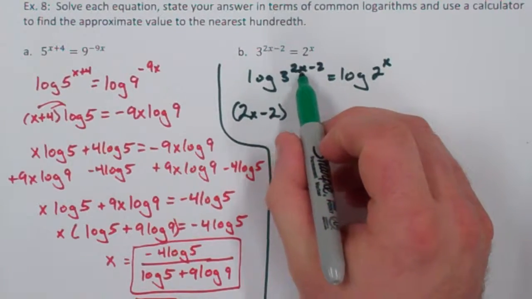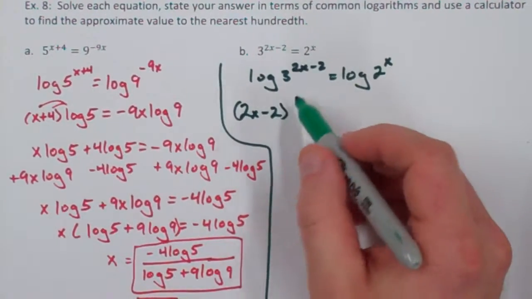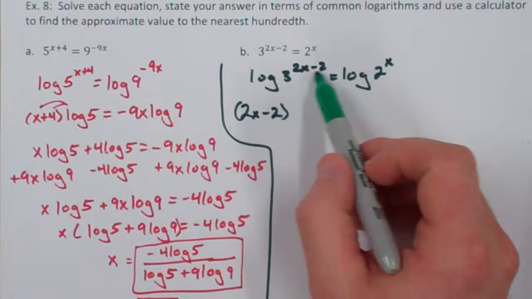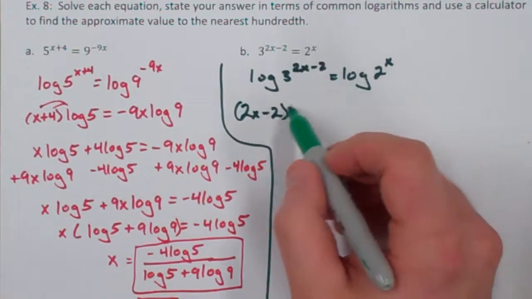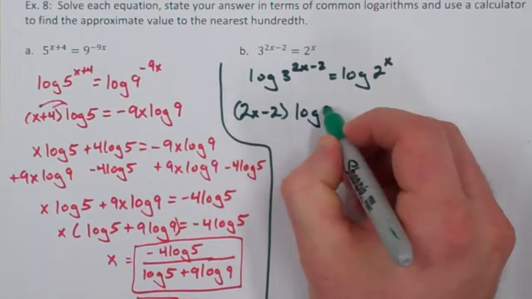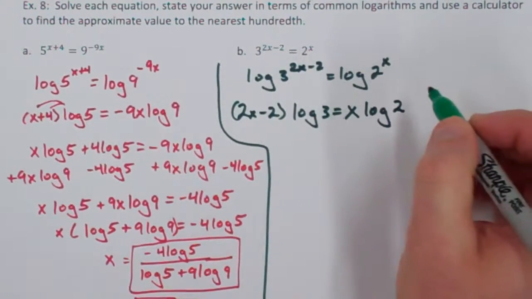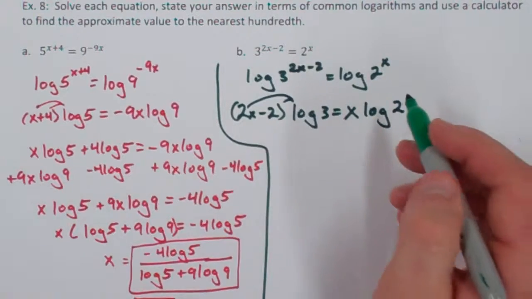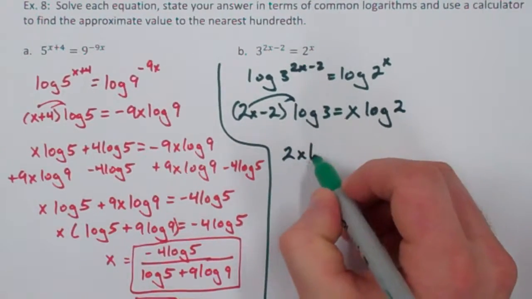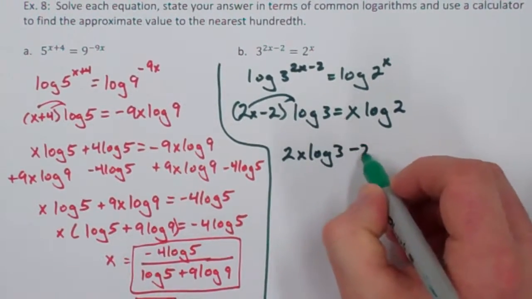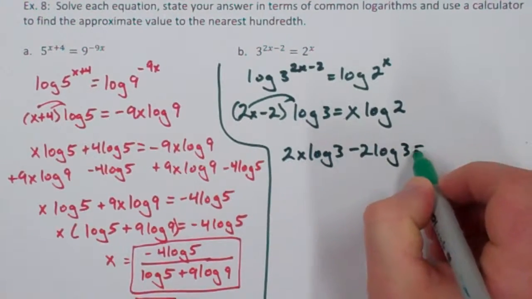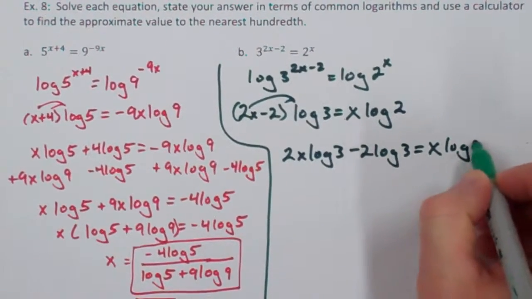Remember to use parentheses when there's more than one term. When there's two or more in here, in the exponent position, use your parentheses. Then we've got log 3, and this exponent will come out to the front, x log 2. Using the distributive property, we've got 2x log 3 minus 2 log 3 is equal to x log 2.